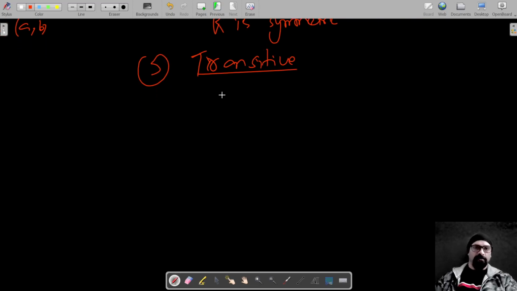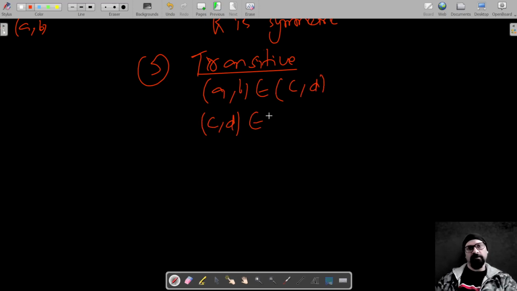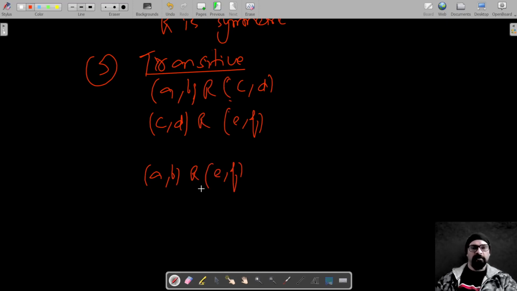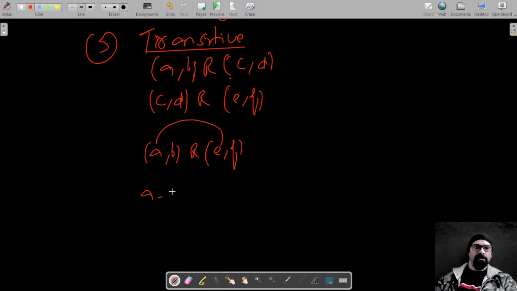So this is transitive. Okay, so let's say (a, b) is in relation with (c, d), and (c, d) is in relation with (e, f). And we have to show that (a, b) is in relation with (e, f), and for this we have to show that a minus e is equal to b minus f.